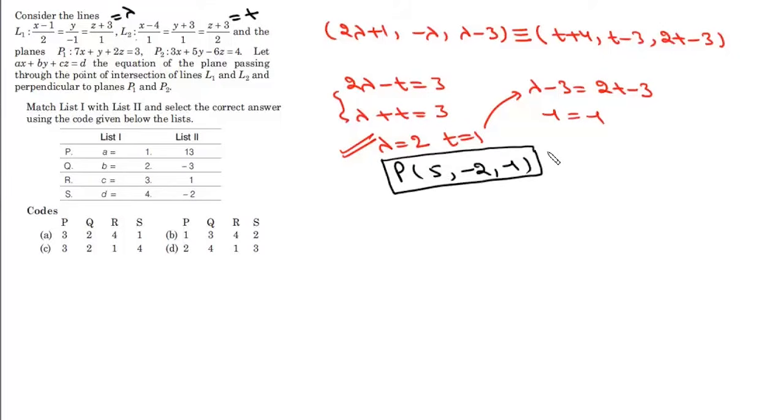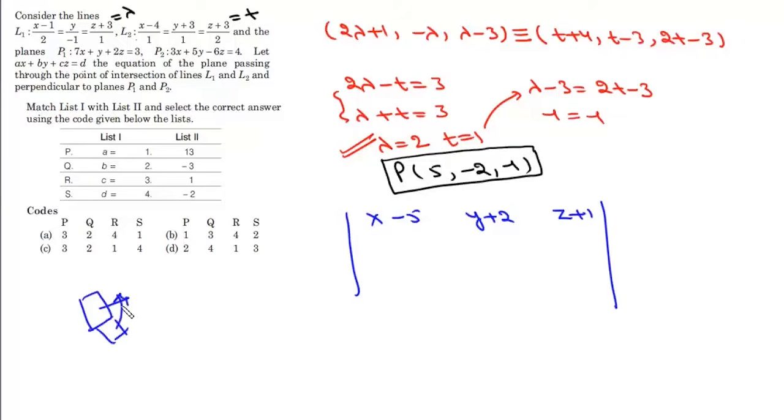Now we need to find the equation of this plane which passes through this point. So we'll get x minus 5, y plus 2 and z plus 1, and this plane is perpendicular to two planes. Now if it is perpendicular to planes, then it will be parallel to their normals. So now we have two vectors, which are 7, 1, 2 and 3, 5 and minus 6, and it will be equal to 0.